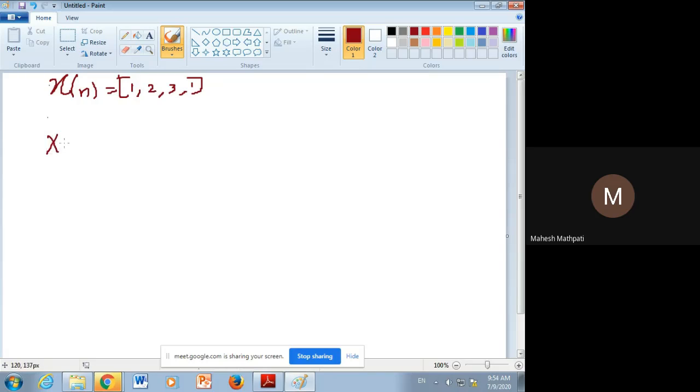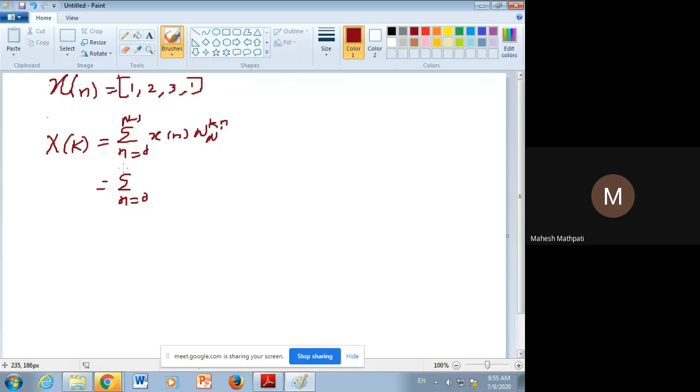X of k is equals to, I have summation n equals to 0 to n minus 1 x of n into Wn to the power kn. So this is equals to summation n equals to 0.